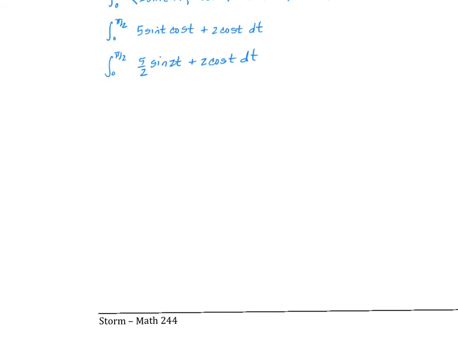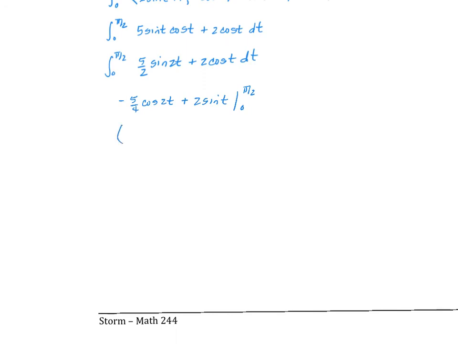Okay, so this is going to be sine of 2t becomes negative cosine of 2t over 2. So this is going to be negative 5 over 4 cosine of 2t plus 2 cosine becomes 2 sine. And then I just have to evaluate it.